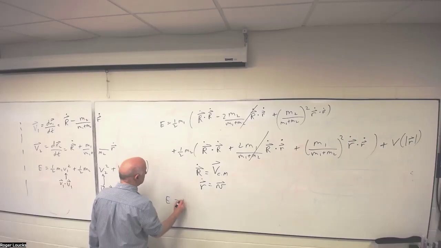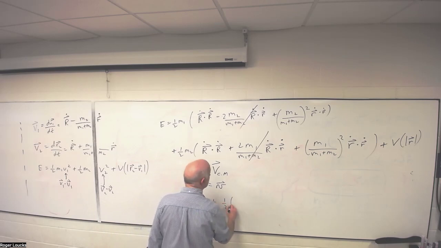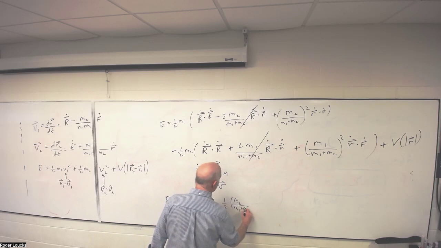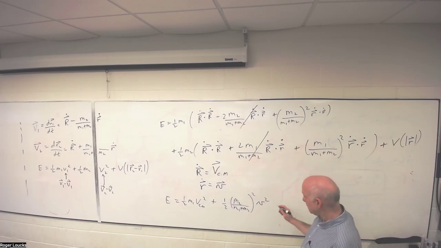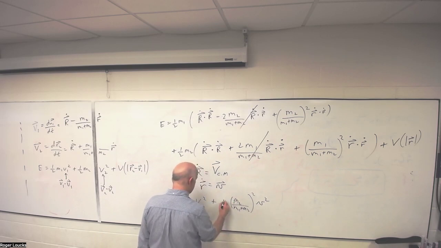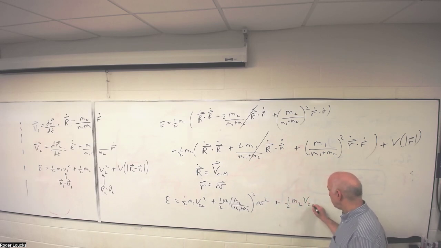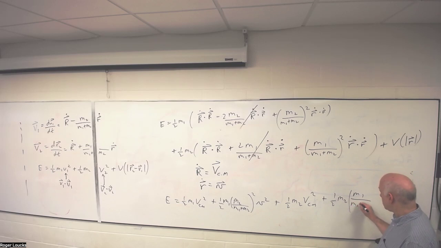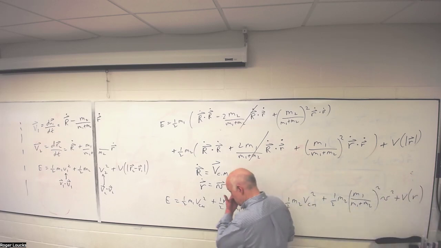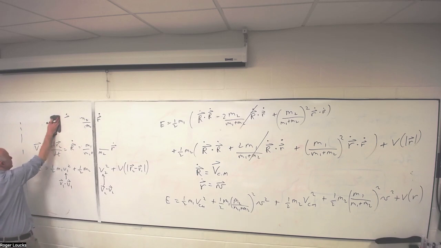So I'm left with E equals 1/2 m1 V center of mass squared plus 1/2 m2 V center of mass squared, plus 1/2 m2 m1 over m1 plus m2 squared times the script v squared, like this. Okay, hell's almost over, I promise.